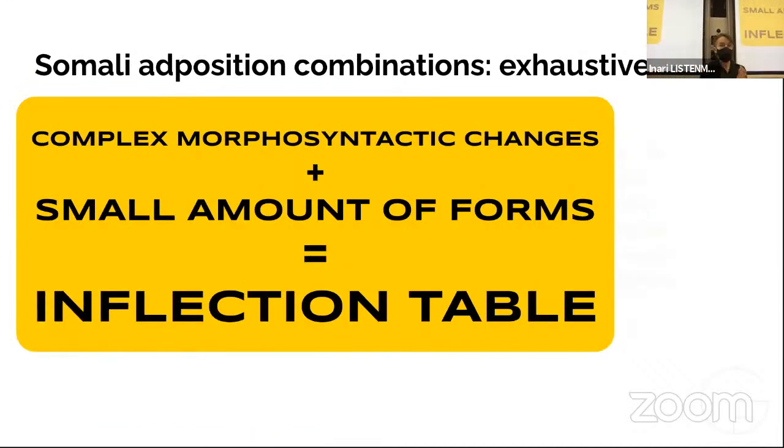So this is my formula for deciding that it's a good idea to make it into an inflection table. Compared to that, lots of languages in the RGL have verb inflection that is much larger. So this is nothing. It's under 100 forms basically.